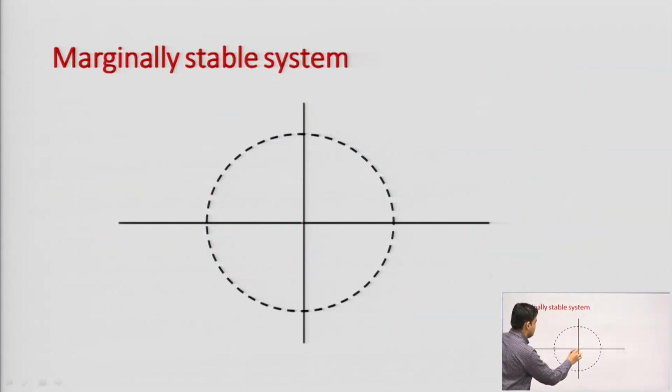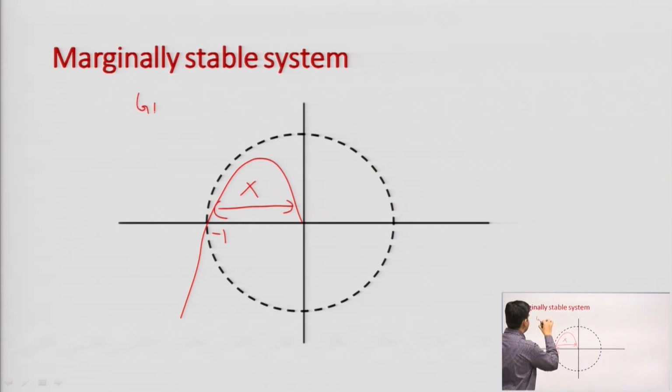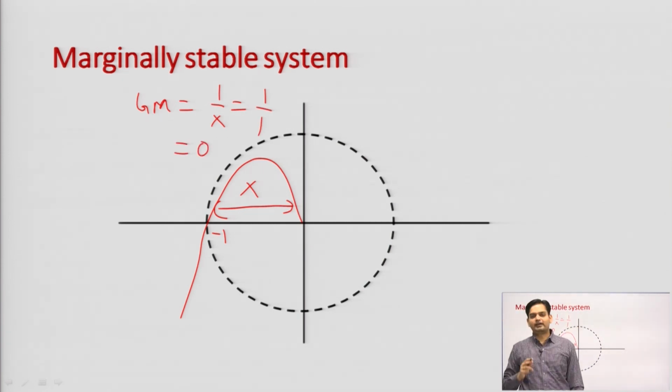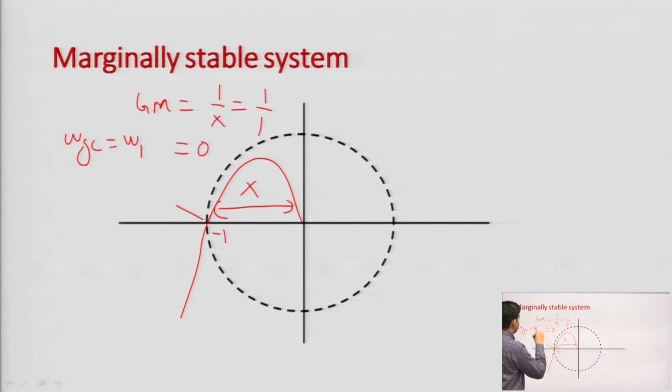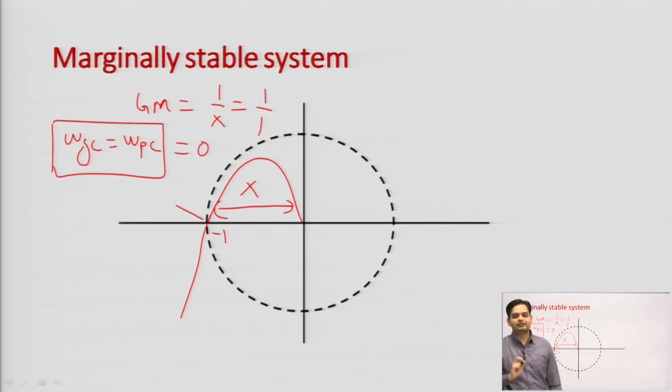In the second case, the polar plot crosses the -1 point. Here the intercept is x, and my gain margin would be 1 over x, equal to 1 over 1, which in dB is 0. In the same way, the phase margin will be 0, and omega GC is equal to omega PC. This is the condition of marginal stability that we discussed in the previous session.